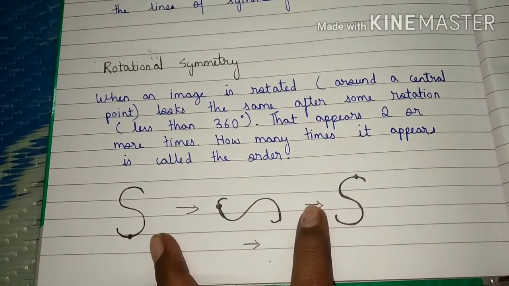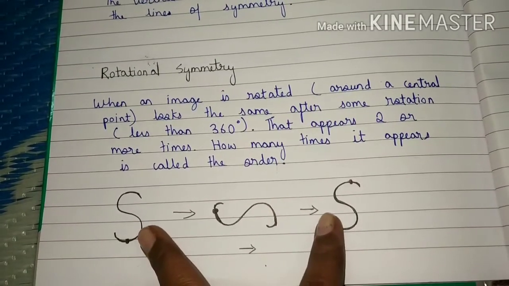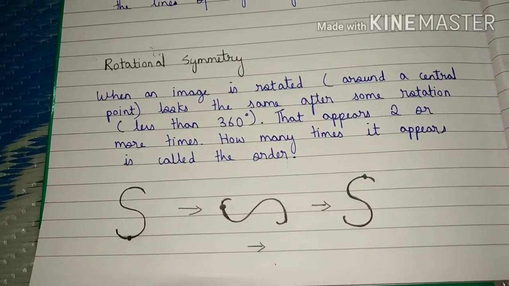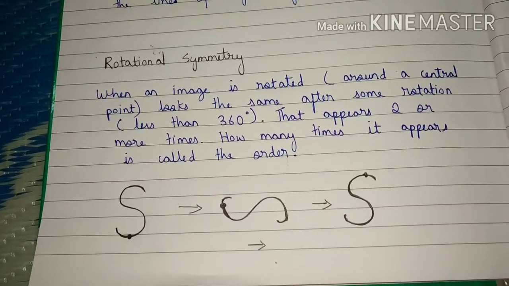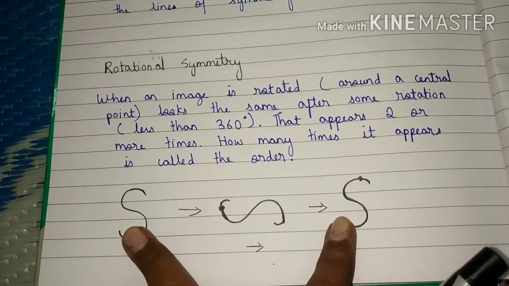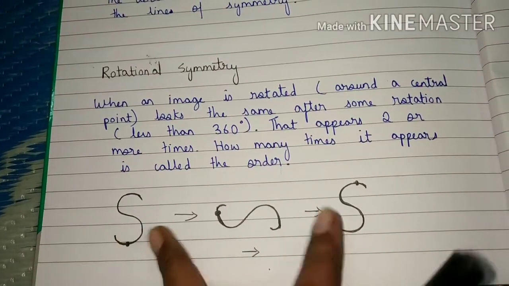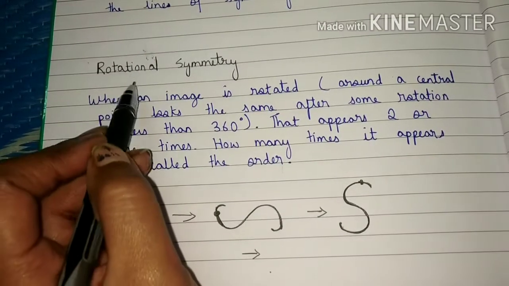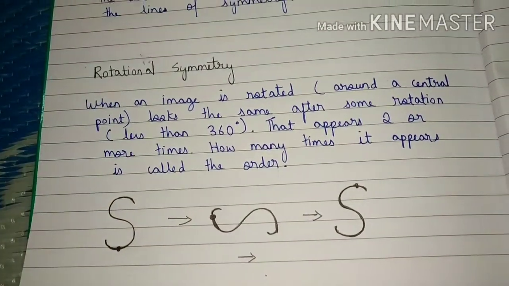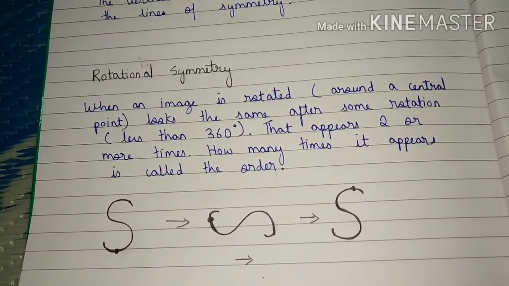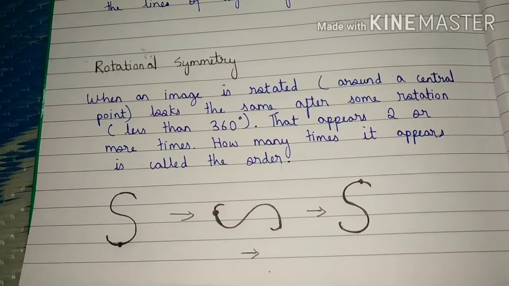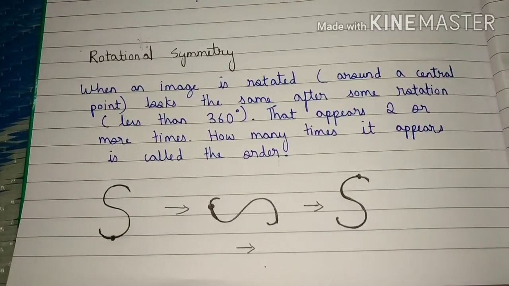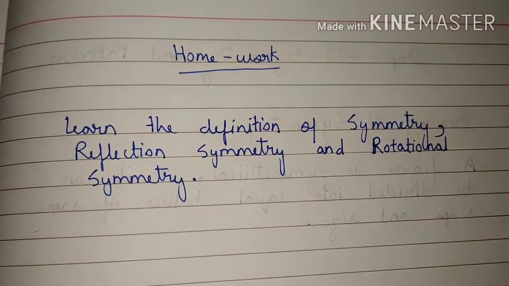Here I have rotated the figure of S 2 times, and after rotation 2 times, we can see that the figure of S looks the same. So, this type of rotation is known as rotational symmetry. Students, I hope the concept of rotational symmetry is understood to you.